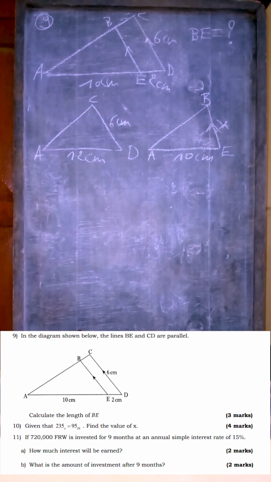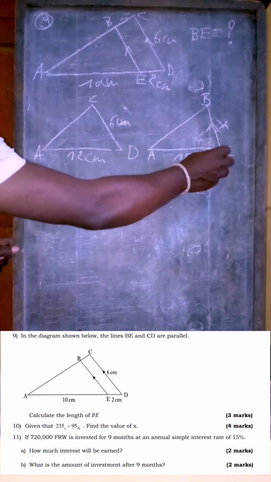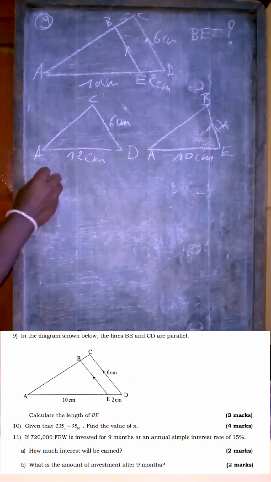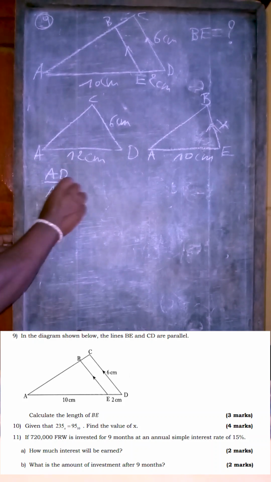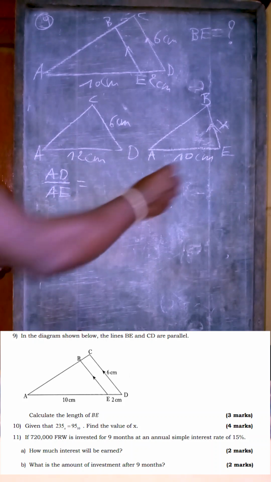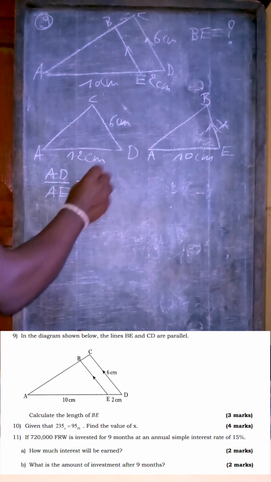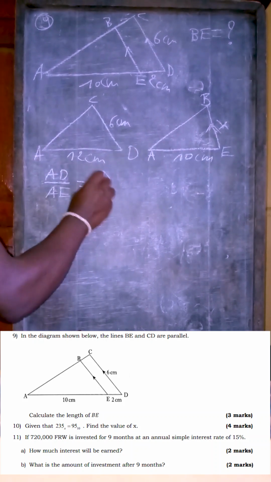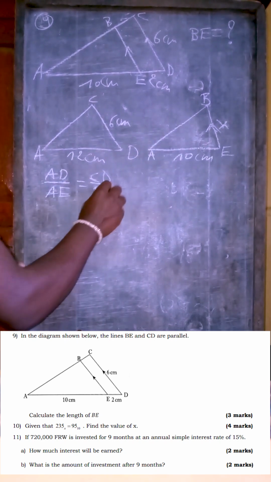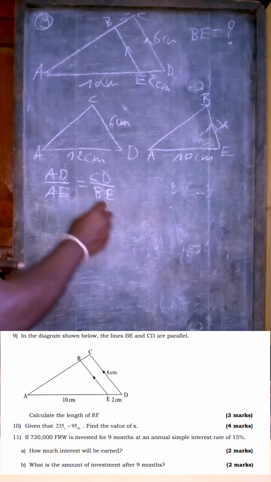After this, we check the corresponding sides. This side corresponds to this, and this corresponds to this. Means taking AD over AE as the corresponding sides is equal to CD over BE.